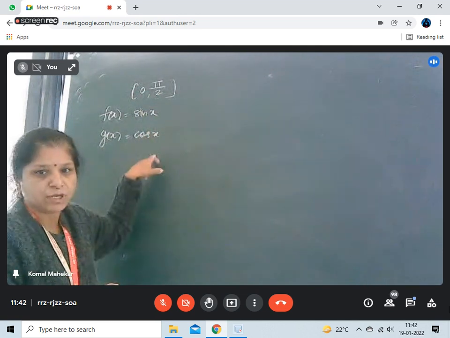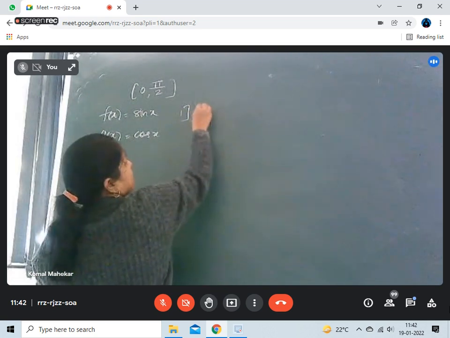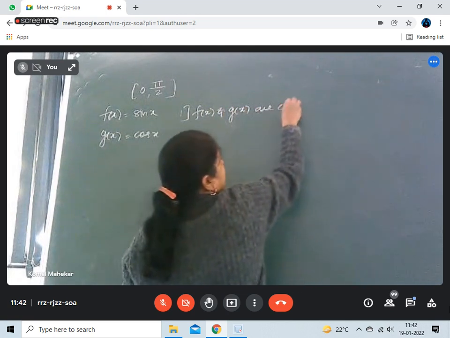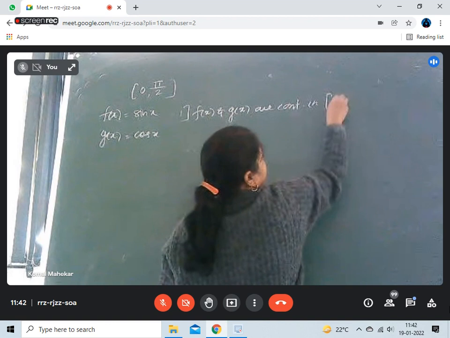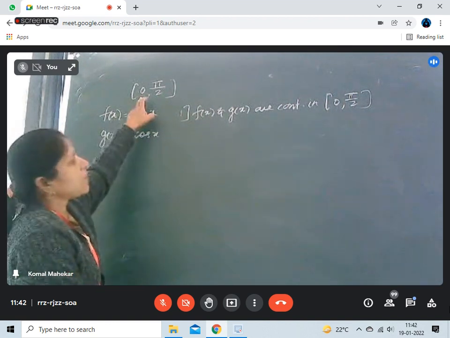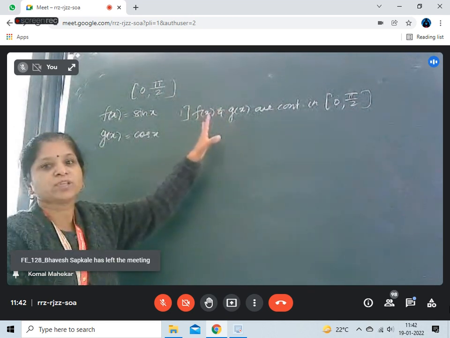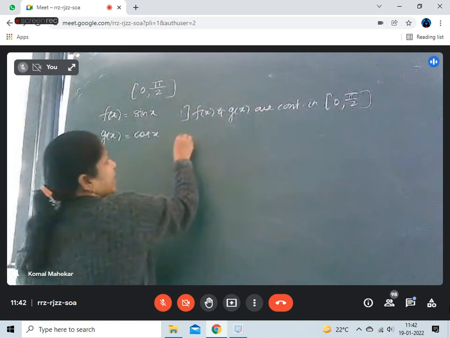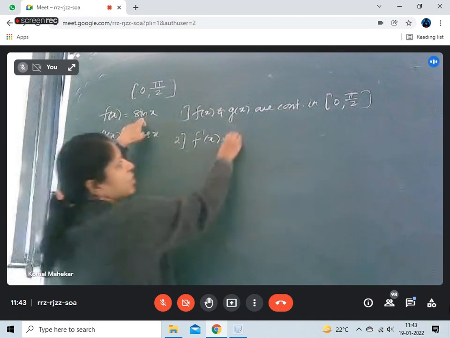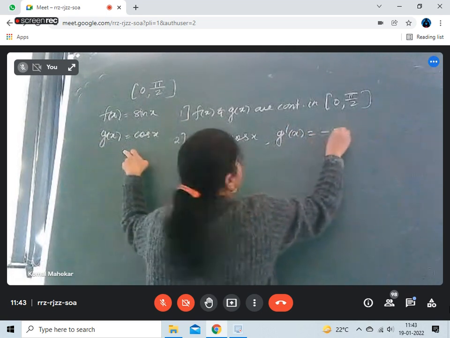Now both are differentiable. We can find the derivative of these functions. So the first condition is that f(x) and g(x) are continuous in the closed interval 0 to pi by 2, where a is 0 and b is pi by 2. Both functions are continuous because both are trigonometric functions. Then the second condition: f'(x), the derivative of sin x, is cos x, and g'(x), the derivative of cos x, is minus sin x.